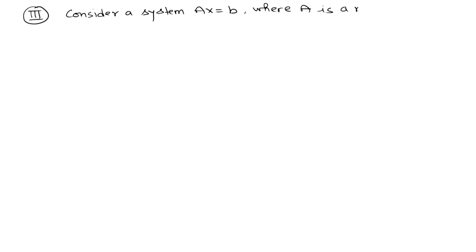Now, consider the third case. Consider a system Ax equals to b, where A is an m by n matrix and here m is less than n, means I am having fewer equations than variables.